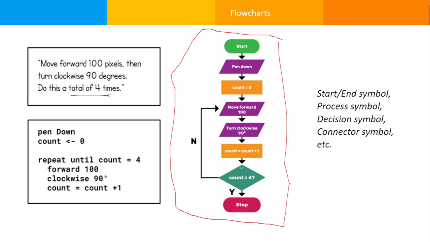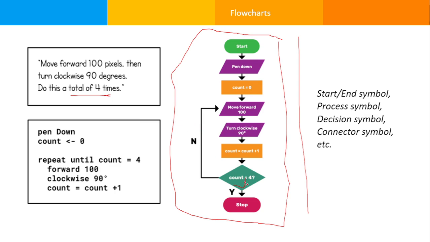So basically here it is saying decide on the count. If the count is equal to 4, then it means that we cannot repeat the steps again, simply because we are asked to do it only 4 times.